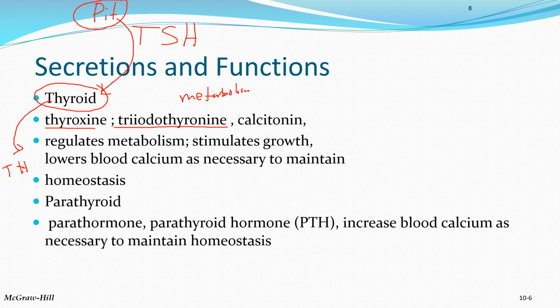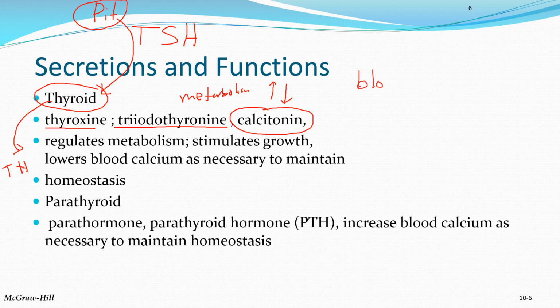So if you have too much, hyperthyroidism, you're going to be very skinny. If you don't have enough thyroid hormone, hypothyroidism, you're going to tend to gain weight. Slows down your metabolism. The second hormone is calcitonin from the thyroid, and that helps regulate calcium in the blood and body.